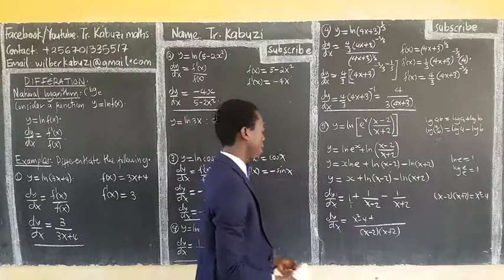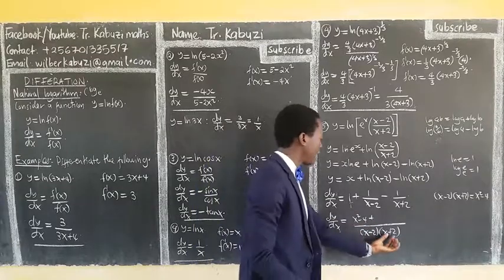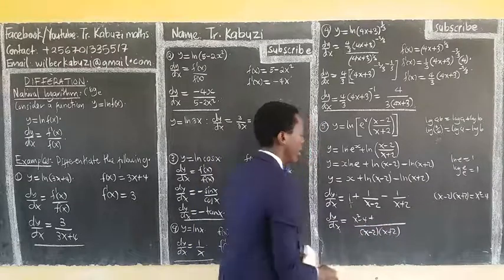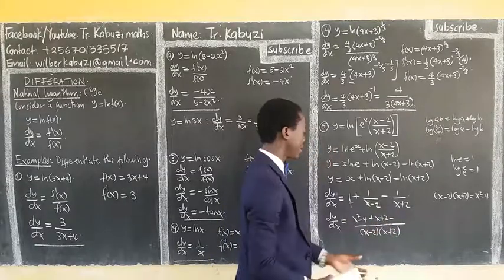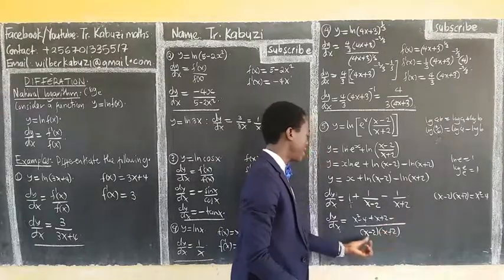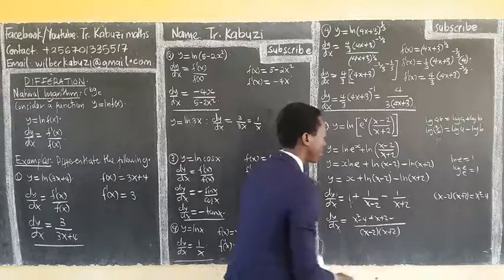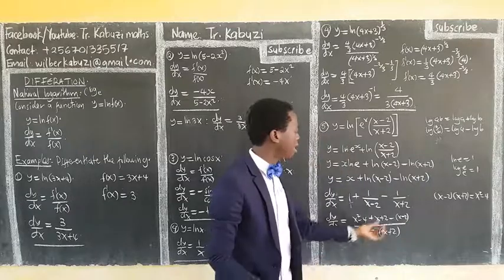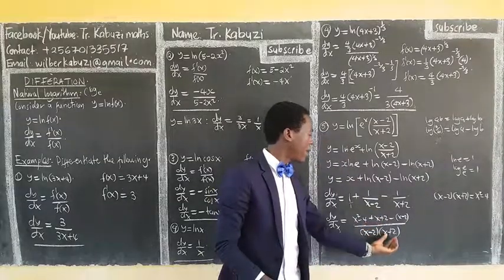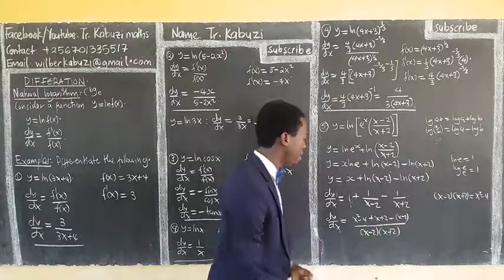Then plus, this goes here, so this times this, we get x plus 2. Then minus, this goes here, then this, minus this, we get x minus 2. What are we doing? You just set this divided here, the remainder is this times this, as simple as that.